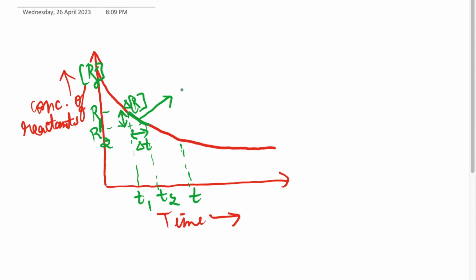R average equals the rate at which the concentration of reactants is decreasing over time, so minus delta R by delta T. This is the slope of this graph. This slope gives us the average rate of the reaction.